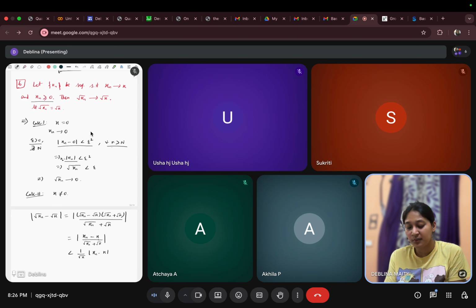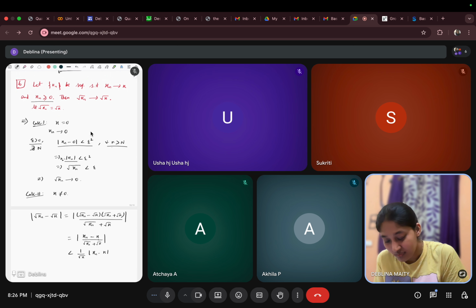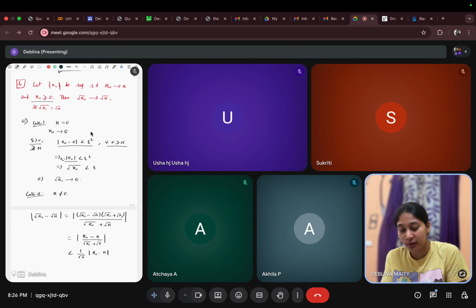Since this is positive, root over xn plus root x, so this is going to be less than 1 by root x times mod xn minus x. Now this xn minus x is going to be 0 since xn converges to x, so this is going to be 0 as n tends to infinity.